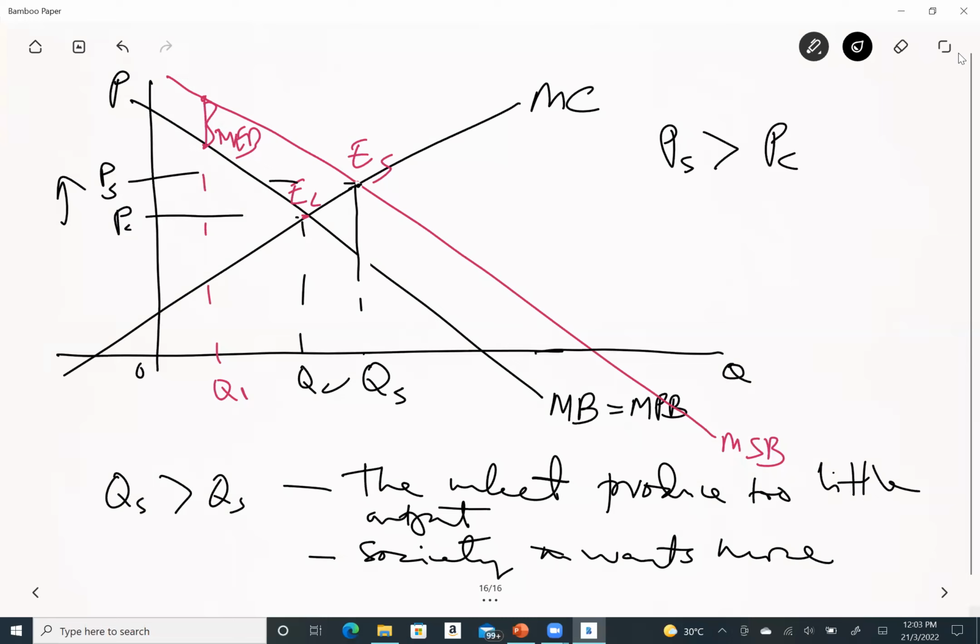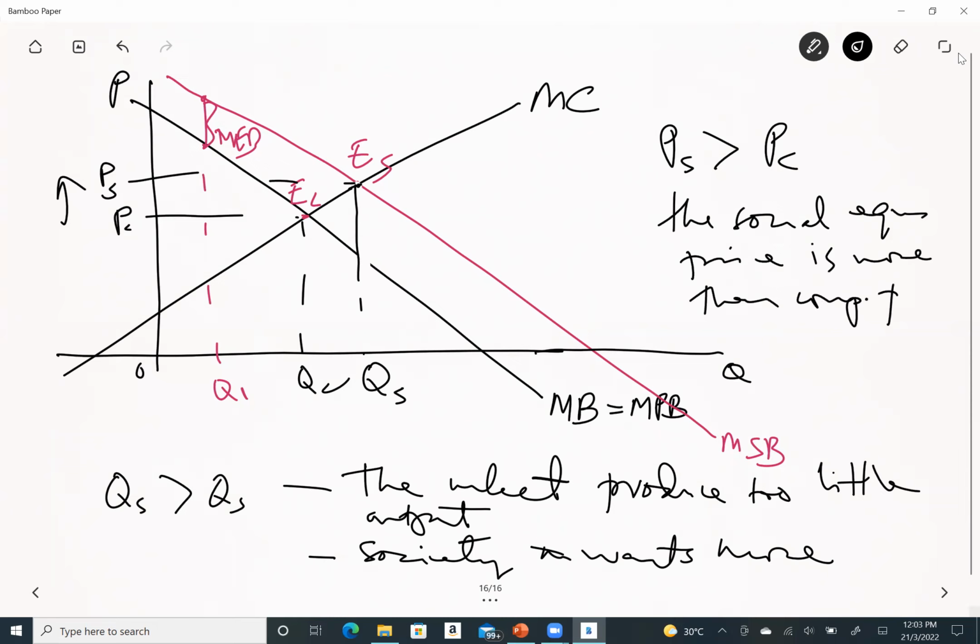That means the social equilibrium price is higher than the competitive price. So we are willing to pay more, because of what? Because the consumption generates positive externality. And of course here is the net gain. Gain to society.